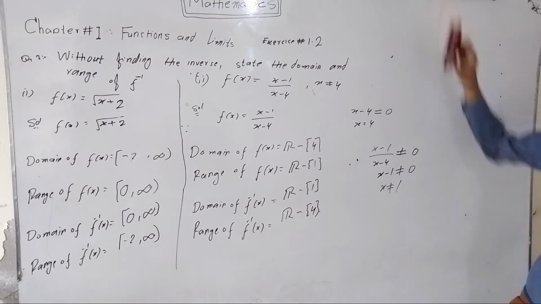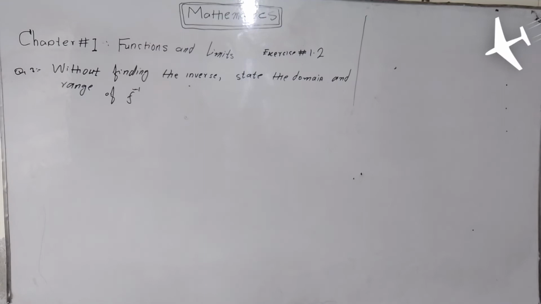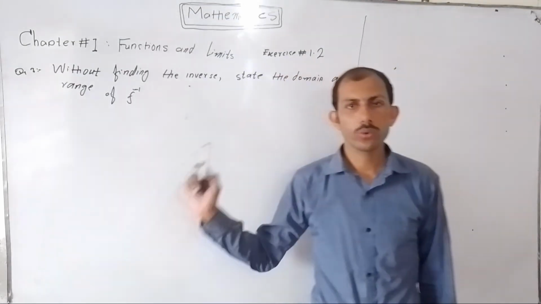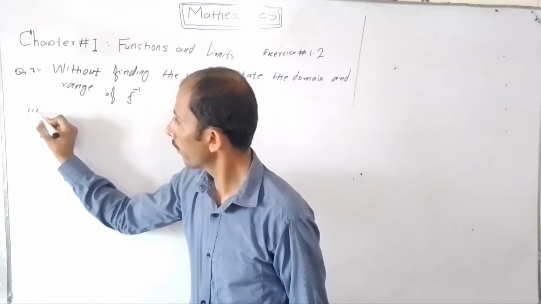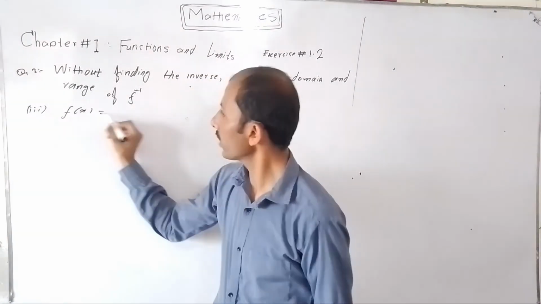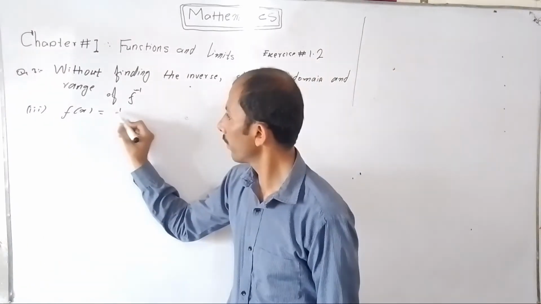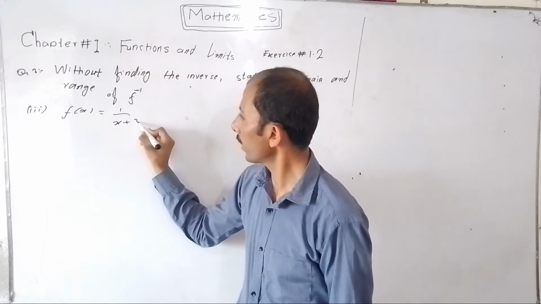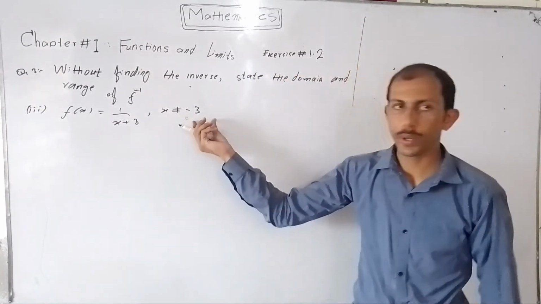Next, dear students, next question number 3, part number 3. f of x is equal to 1 divided by x plus 3, where x not equal to minus 3.